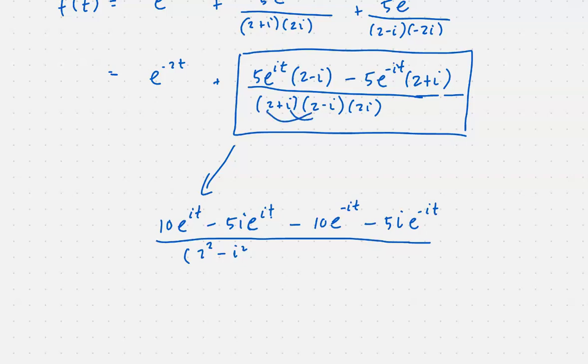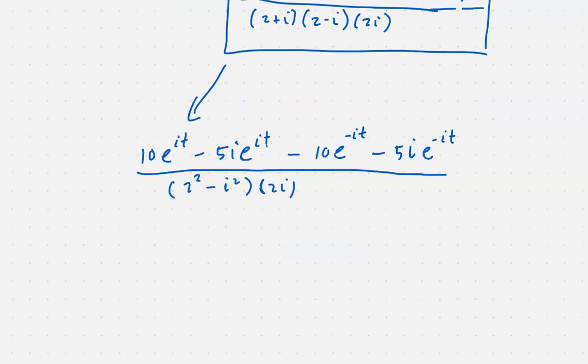Then finally, you have negative I squared, then 2 times I. Okay? So simplifying, this can be written as 4 plus, it's going to be just minus negative 1, because I squared is negative 1, which is just equal to 5, right?